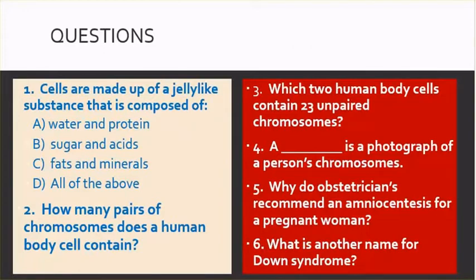Questions. Number 1. Cells are made up of a jelly-like substance that is composed of A, water and protein, B, sugar and acids, C, fats and minerals, D, all of the above. Number 2, how many pairs of chromosomes does a human body cell contain? Number 3, which 2 human body cells contain 23 unpaired chromosomes?